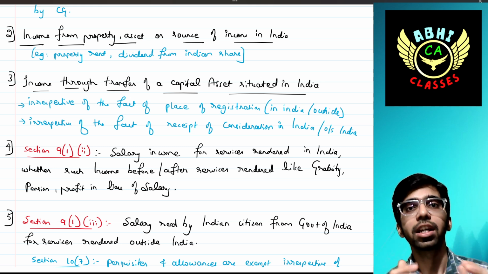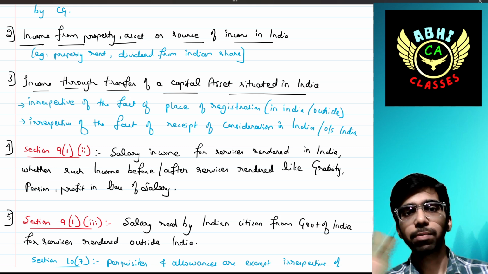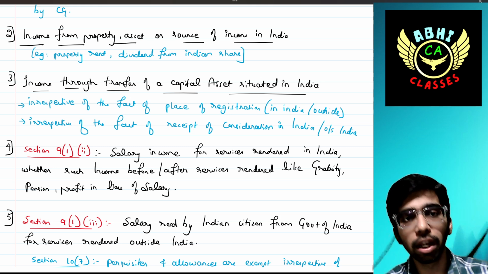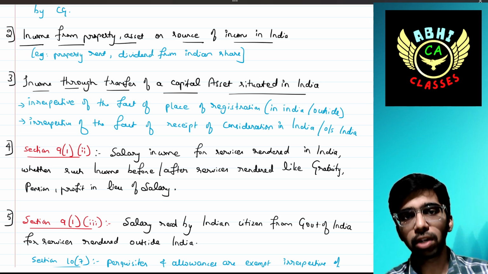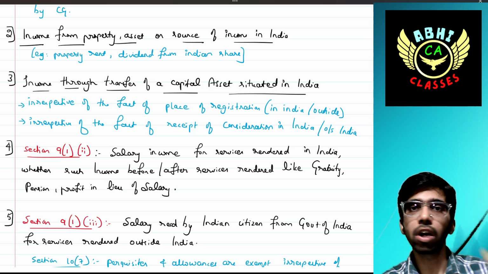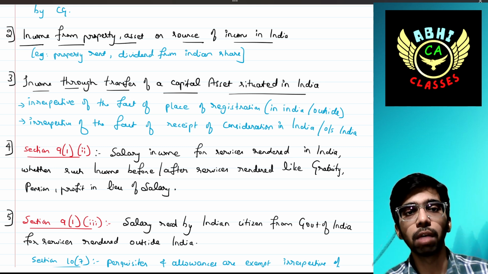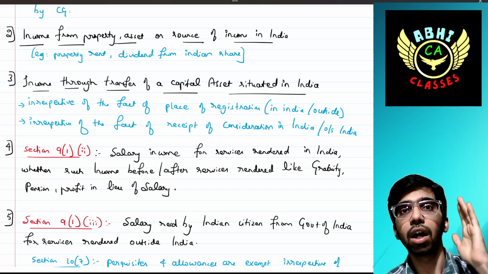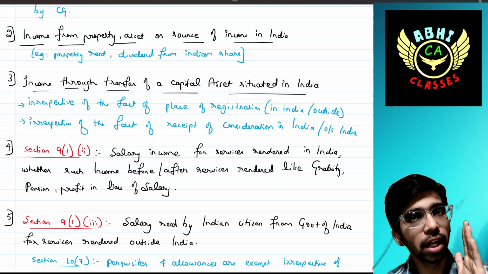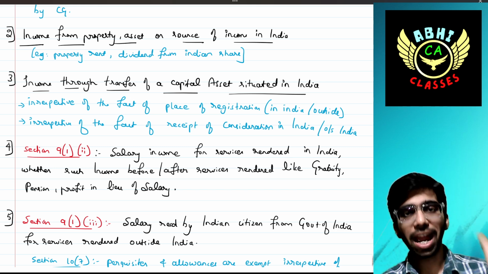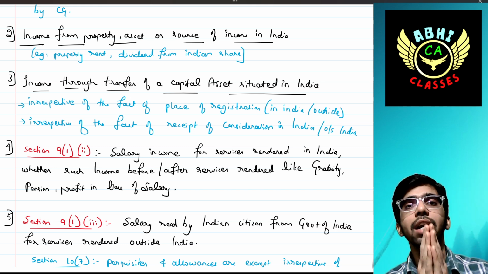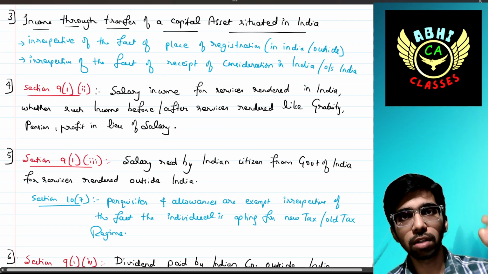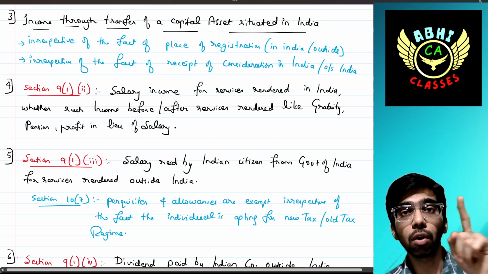Hence it is treated as income deemed to accrue in India, irrespective of the place of registration. Wherever you registered your building, and irrespective of whether the consideration is received in India or in a foreign bank account, as in this example, the situated-in-India concept satisfies the requirement of accruing in India, and hence it is treated as deemed to accrue in India. These concepts are clearly defined in Section 9, Subsection 1, Subclause 1.